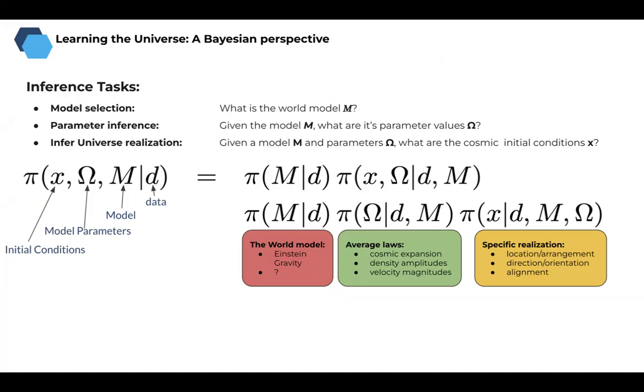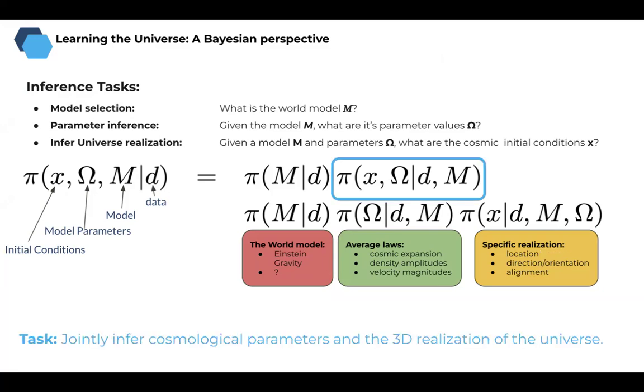While we can ask them all like that, currently cosmology asks mostly questions about the second factor here. What we are trying to do is answer questions jointly about the initial conditions and the cosmological parameters, given a specific model like lambda CDM or alternative models that are available, and the data.